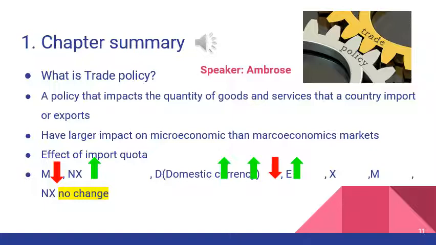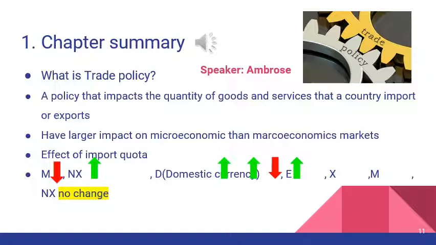There is also something called tariffs, which is a tax on imported goods. And also there is something called an import quota, which is a limit on the quantity of a good produced abroad that can be sold domestically.